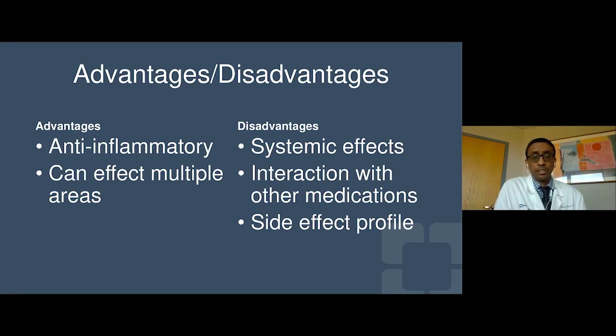Disadvantages are the systemic effects, like we talked about with the side effects, needing to monitor blood pressure and kidney function if on it long term, and the fact that it does interact with medications, mainly the blood thinners.